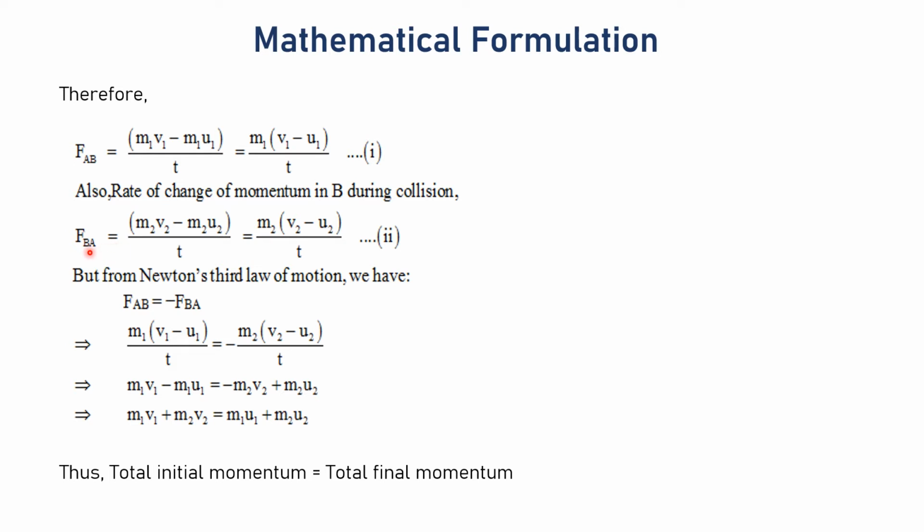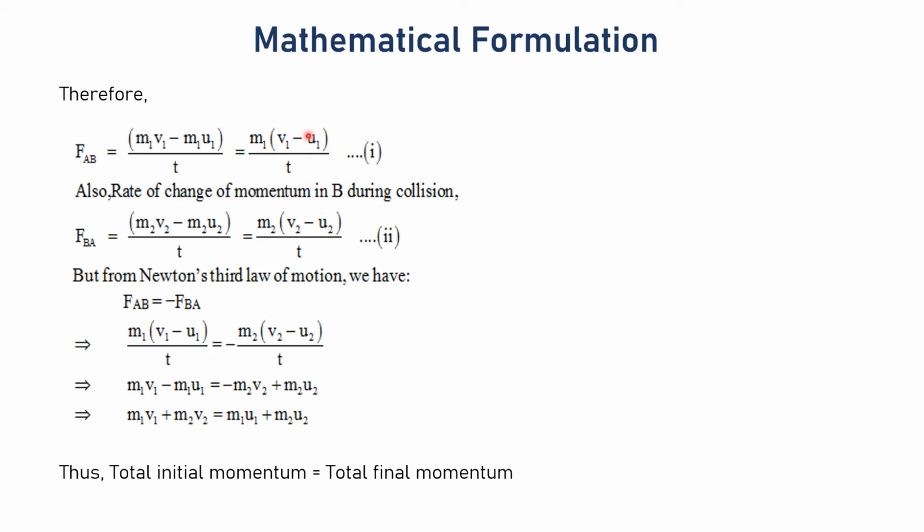When the force is acting on object B by object A, then we get (m2 v2 minus m2 u2) divided by t. Now what is m2 v2? m2 v2 is the final momentum of object B, and m2 u2 is the initial momentum of object B, divided by time. Then we take m2 outside and get m2 (v2 minus u2) divided by t.